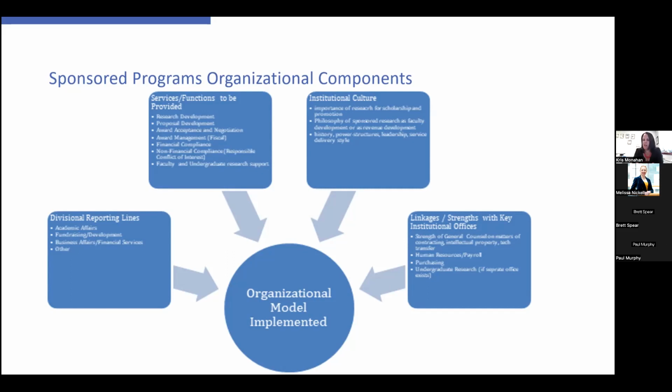The institutional culture is important. How important is research for scholarship and promotion at your institution? It's a question you have to ask yourself, because it's going to impact how you support faculty research. You have to look at the philosophy of sponsored research. Is it faculty development, or is it revenue development? What philosophy does your institution have?